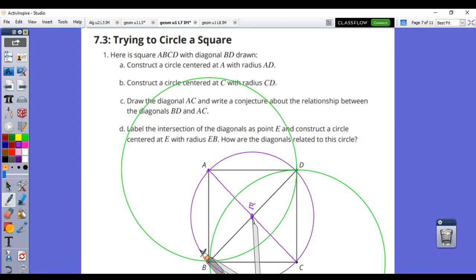And what do you notice about the circle? Hopefully, if you did everything correctly, and if you do it on GeoGebra, it takes the error out of it, that circle should have intersected A, B, C, and D. So how are those diagonals related? Well, they are perpendicular bisectors, and they are each a diameter of the circle.